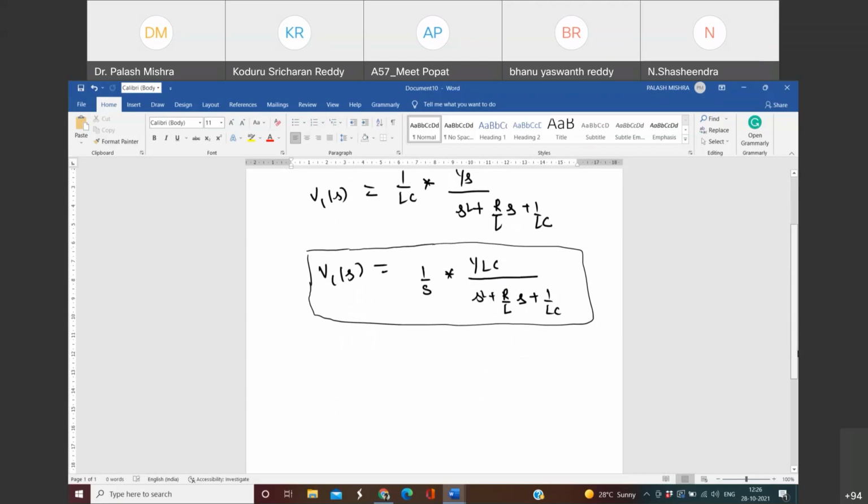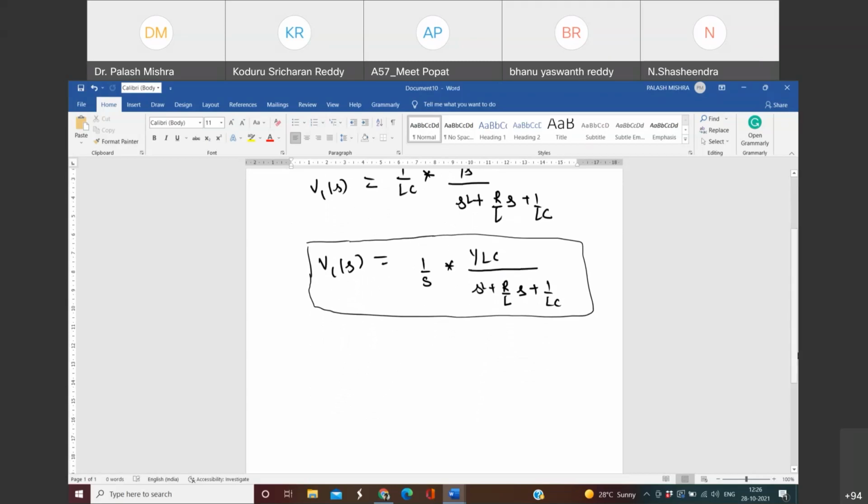Now let us suppose that you are taking 1 by LC as omega n square, where omega n you can call the natural frequency of oscillation. You will get to know why.